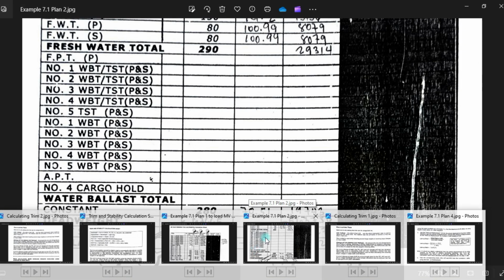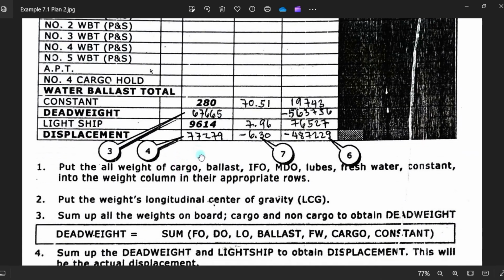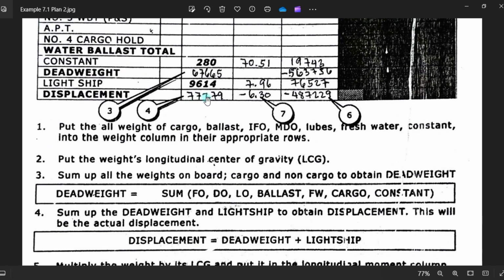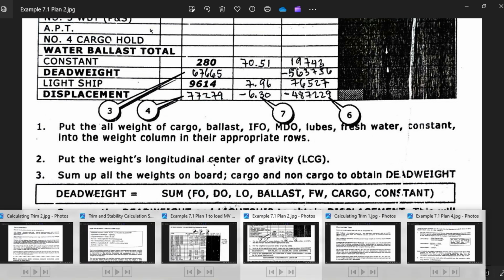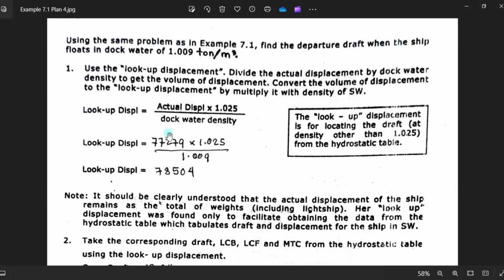The total displacement here is 77279, times saltwater density over your dock water density of 1.009. The lookup displacement will be 78504.